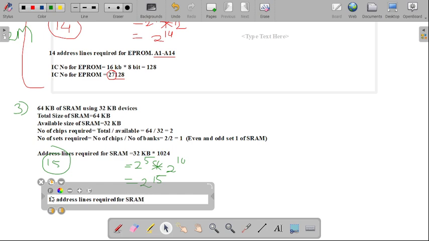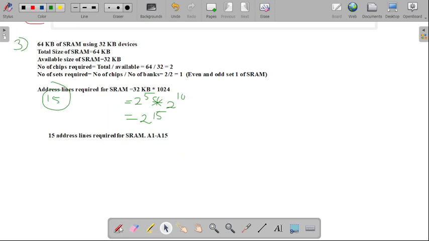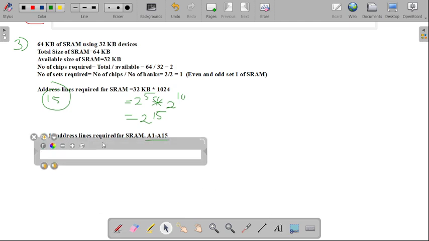So 15 address lines are required for the SRAM, and the line numbers for the address lines are A1 to A15. These address lines will be considered whenever we draw the diagram with the help of the minimum mode configuration. Now we have to calculate the IC number for our SRAM.